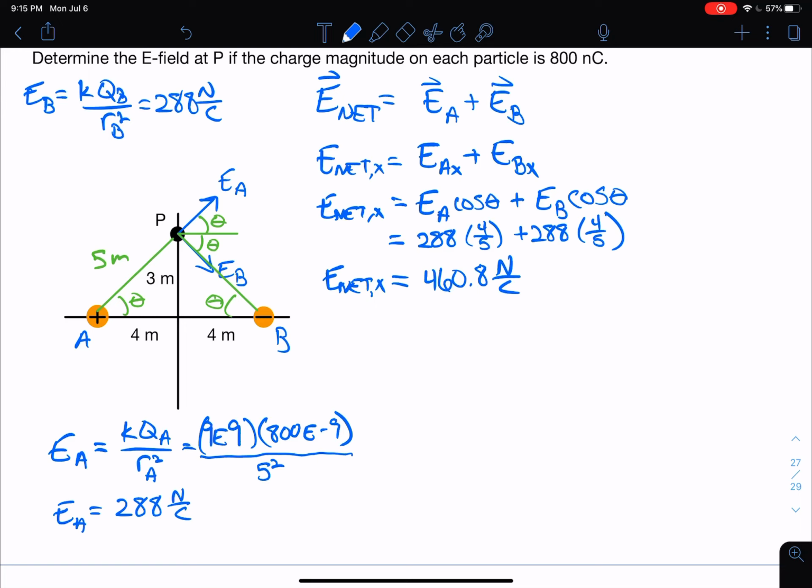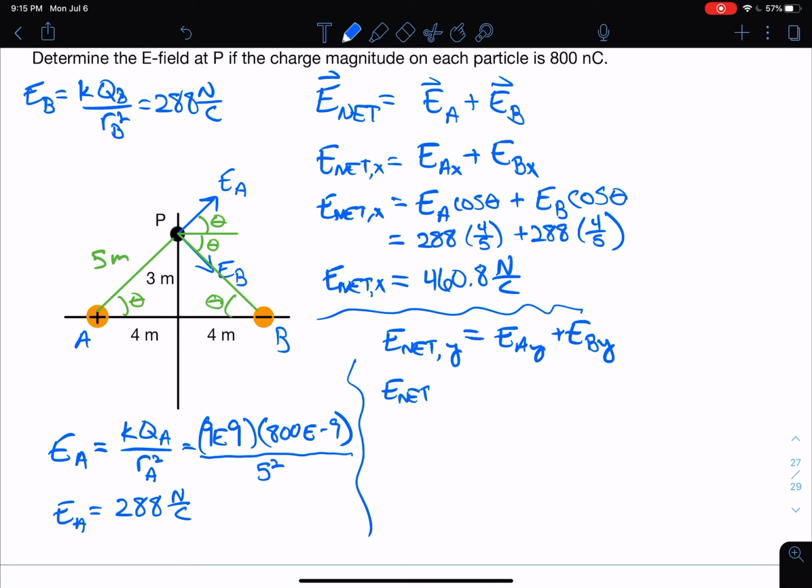All right, so now let's do the y. So that's going to be E net y. That's going to equal EAY plus EBY. This is going to be EA sine of theta. This is going to be minus, because EB is pointing down. So this is minus EB sine of theta.